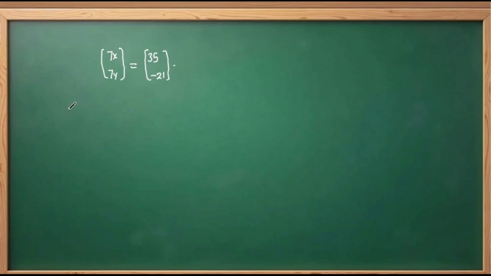So let's equate the corresponding elements. 7x corresponds to 35, so we have 7x equals 35.